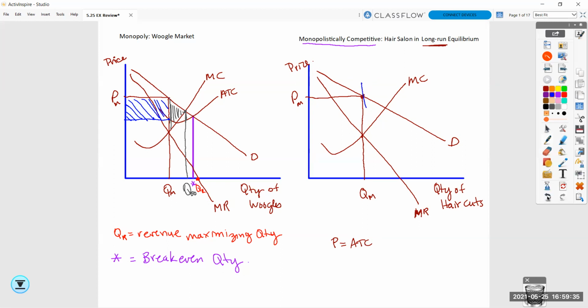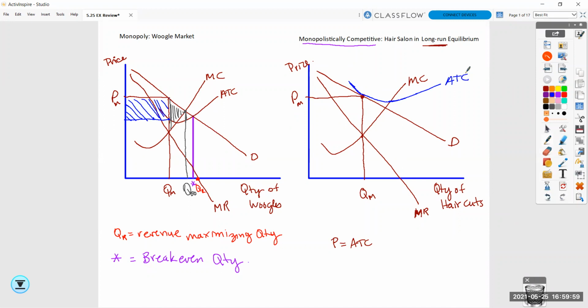It just so happens that the way that the elasticity works and the way that firms enter and exit, the average total cost curve is actually tangent to the graph. Now, this is one where I'm really careful. You guys are not going to have to draw this, but you're going to have to recognize it.